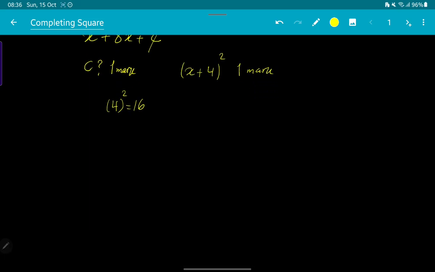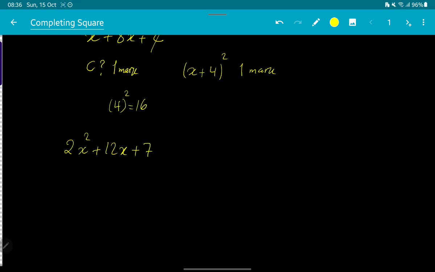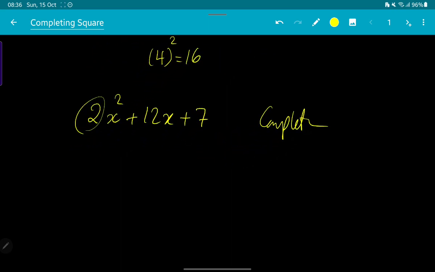Sometimes you have a coefficient for the x squared, like 2x squared plus 12x plus 7, for example. How to change this to the vertex form? By completing the square. But you notice that we have a coefficient different than 1 for the x squared. How to work with this problem?